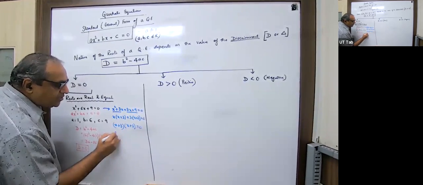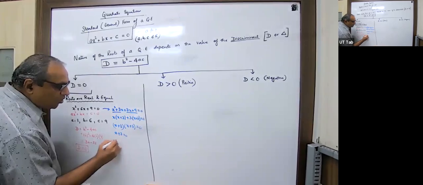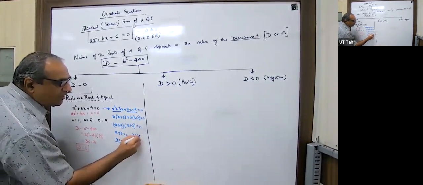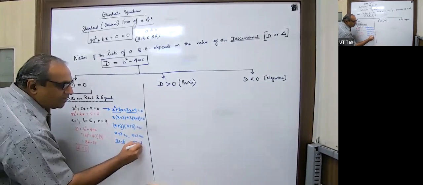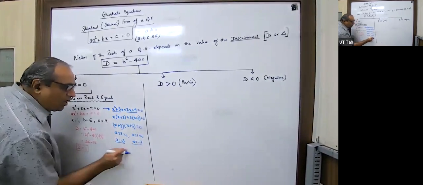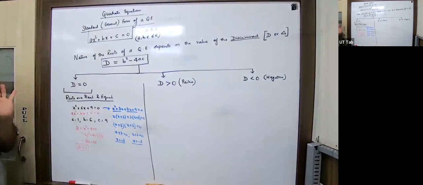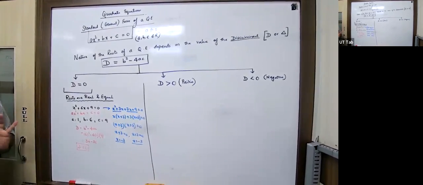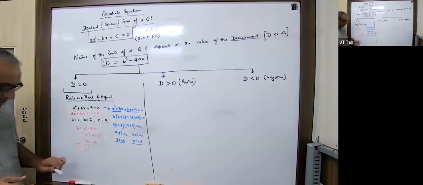So either this x plus 3 is equal to 0. So what is x? जब ये x plus 3 0 होता है तो क्या होता है x? तो है कि नहीं दोनों इक्वल? और दोनों रियल नंबर है कि नहीं? Understand? Next example.